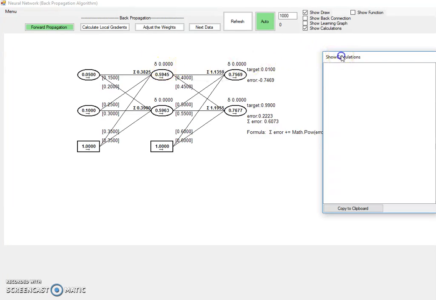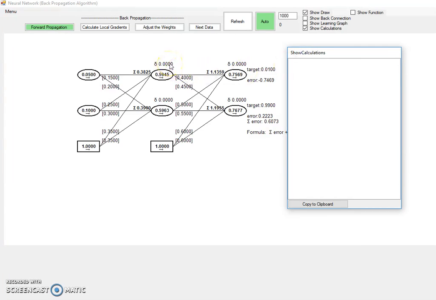When I think about this, the local gradient is the influence that this node has on the entire output. And you should imagine that this could be several levels and several nodes in every level. So it's pretty difficult to find the influence of this node on all this output.